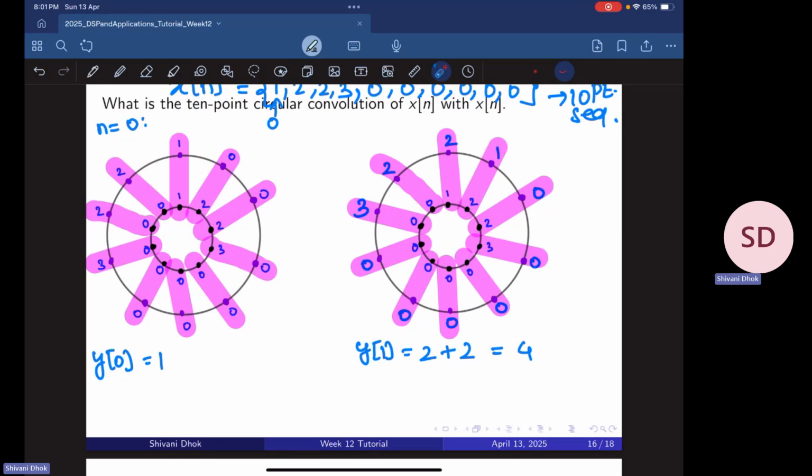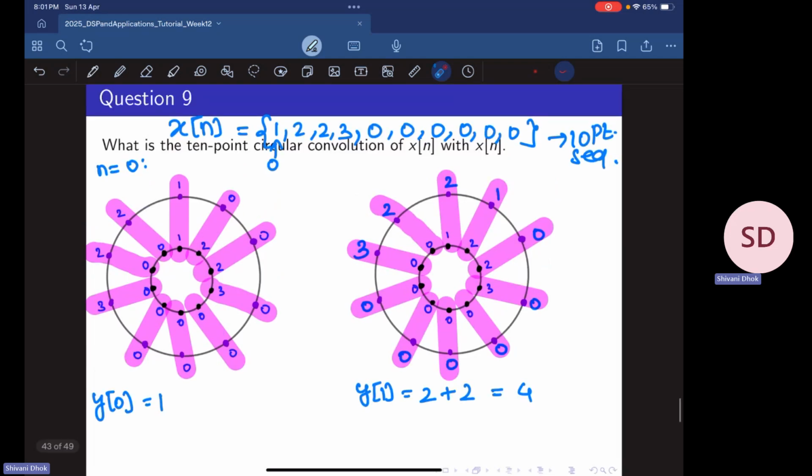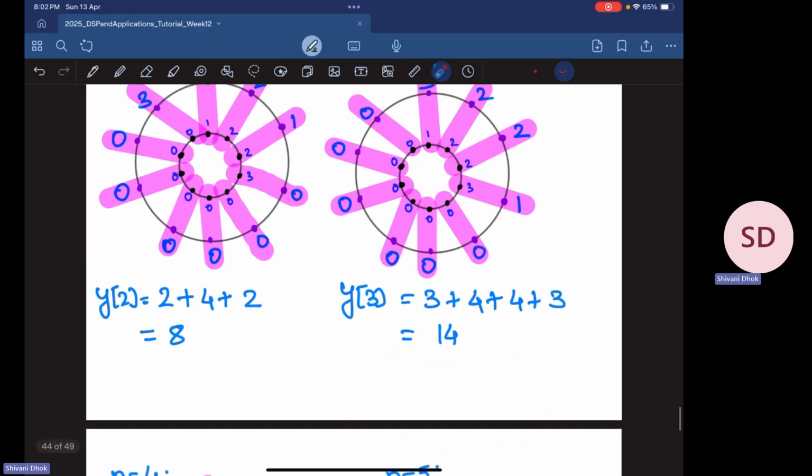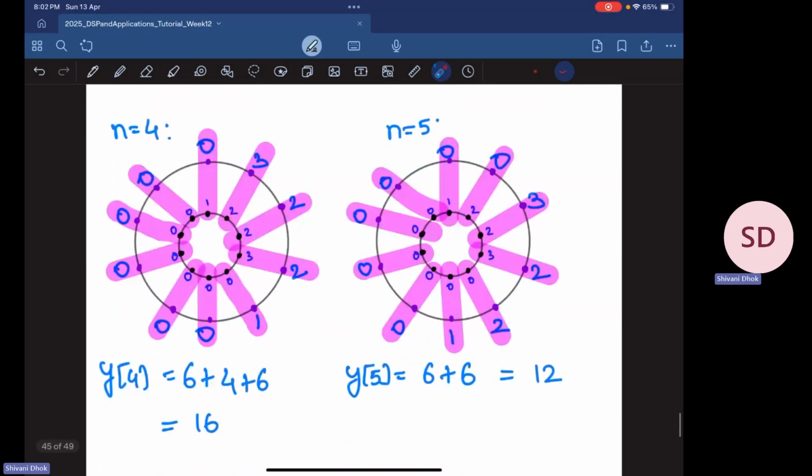So in linear convolution, the overlap starts, it gets maximum, and then it again reduces. Something similar is happening in this particular 10-point convolution. Initially, there is very little overlap. Then slowly, when we increase the value of little n, the overlap becomes maximum at n equal to 3 because it is a 4-point signal, and then the overlap slowly starts to reduce.